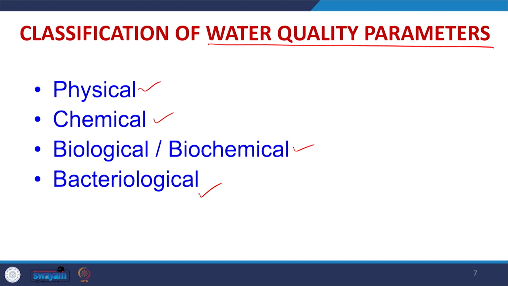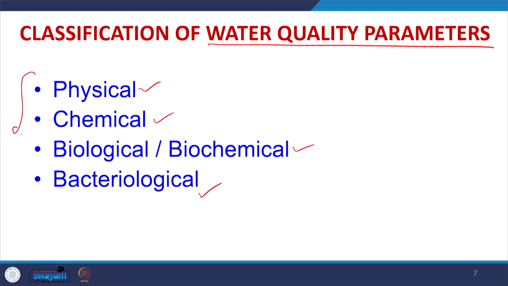Remember that I have already given a lot of lectures related to water quality parameters in another course on physico-chemical treatment of wastewater. There we explained all these parameters in great detail in 7-8 lectures, so we can always go and understand all these parameters in detail.